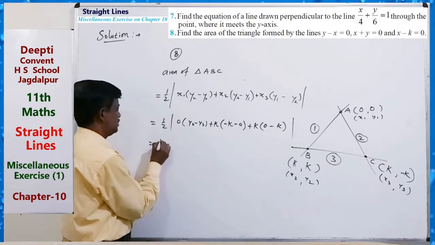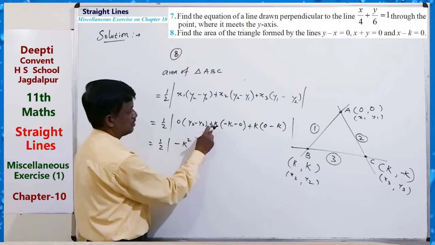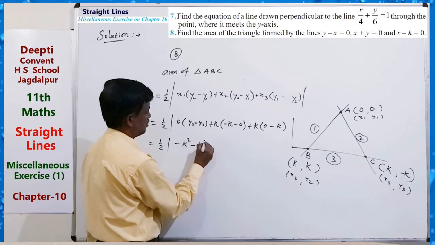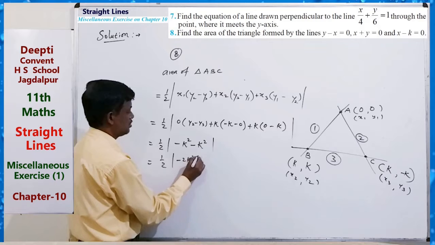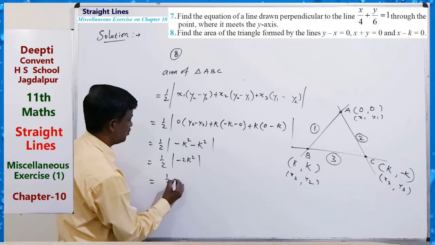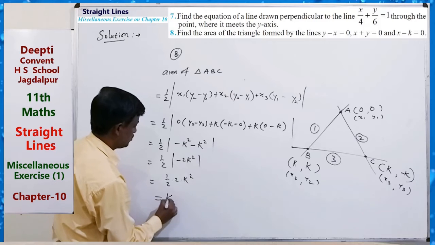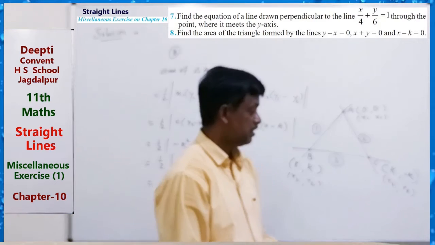Just solve it. This is 0 minus k square plus minus k square. One by 2 times minus 2k square, taking the modulus sign, 1 by 2 into 2 into k square equals to k square. So k square is the area of the triangle. Okay.